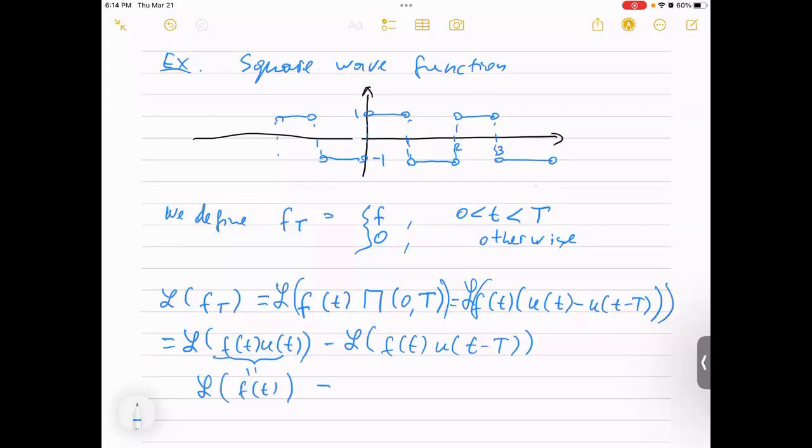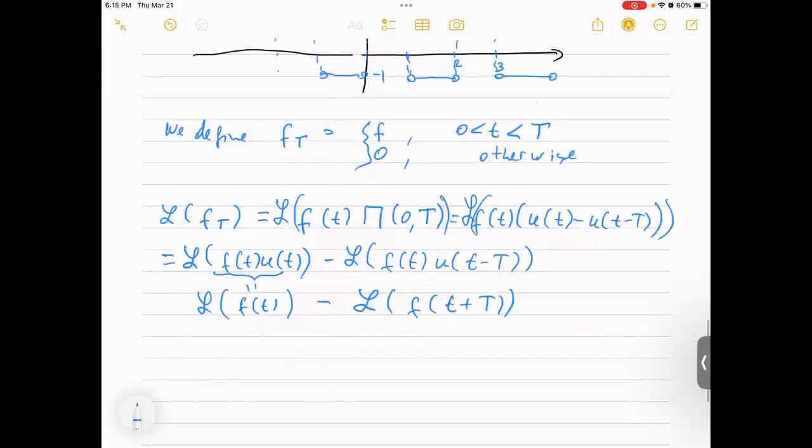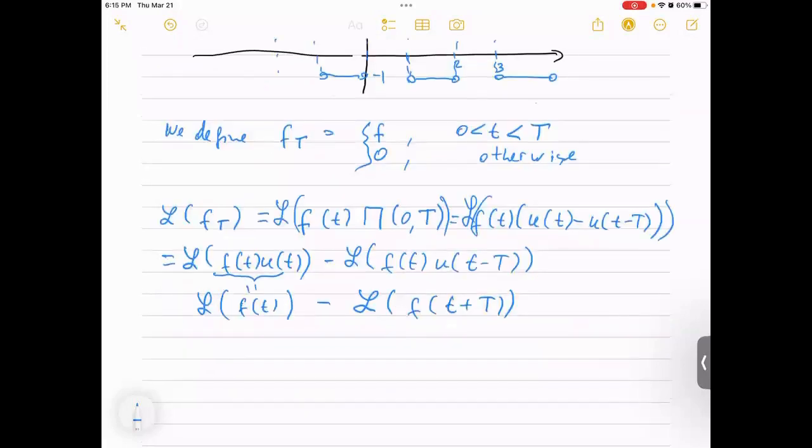We're going to get the Laplace transform of f of t plus the extra period, times e to the negative s times capital T. Because our function has period capital T, the expression here is the same as f of t.